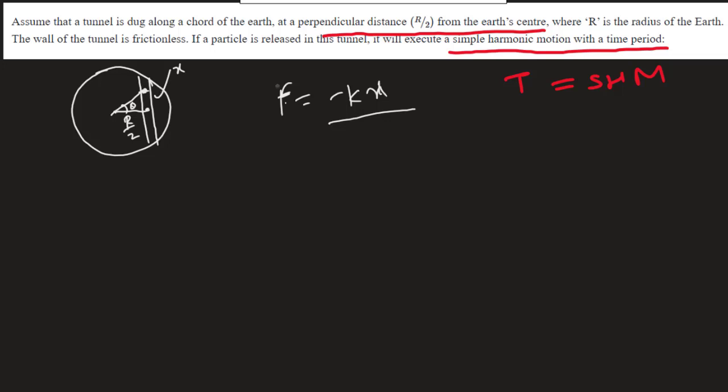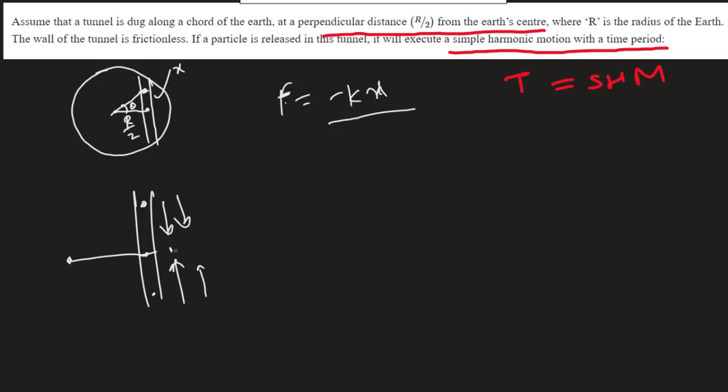So first of all, let us find the restoring force. So let us assume that this is the tunnel, and the particle is over here. So the restoring force will act either in the downward or upward direction, so in the vertical direction, based upon the position of the particle. If the particle is over here, the restoring force will be this way, and if the particle is over here, the restoring force will be in the upward direction towards the mean.